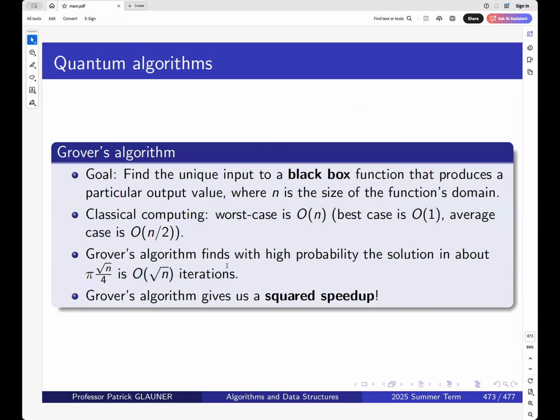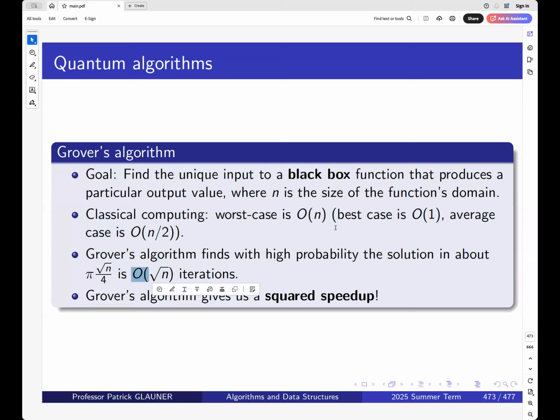Very importantly, this is a probabilistic algorithm. It may give us a wrong result. But when I have the result, I can just plug it in the black box function and see if the black box function really returns true. And if it returns no, I have a wrong result. So I need to run the quantum algorithm again. Maybe a few times, but not very often here because it's probabilistic.